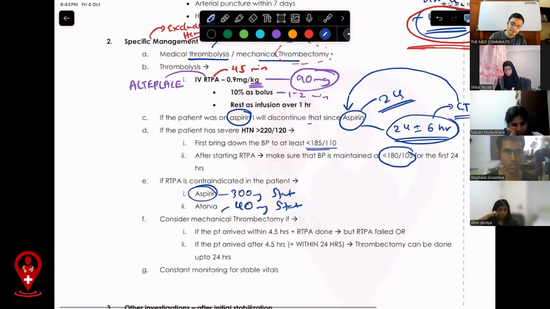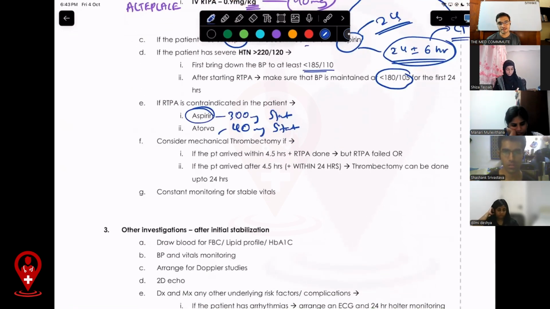Then, guys, when do we consider mechanical thrombectomy? If the patient came within 4.5 hours, our first choice is thrombolysis, RTPA. If the patient arrived within 4.5 hours and the RTPA was done, but the RTPA failed, that is one indication to do thrombectomy. What is this thrombectomy, guys?